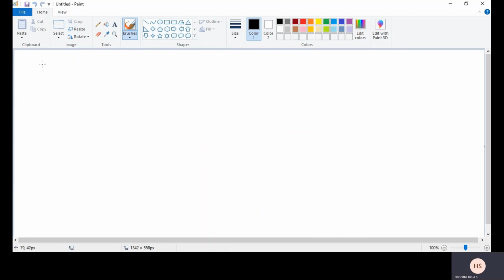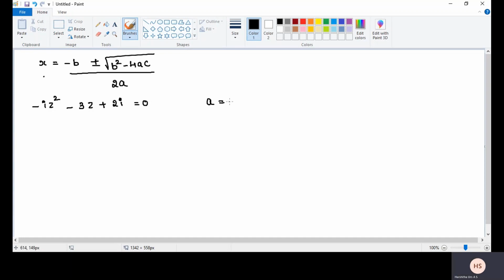Quadratic equation formula in general, x is equal to minus b plus or minus root of b square minus 4ac divided by 2a. Here our equation is minus iz square minus 3z plus 2i is equal to 0. A is equal to minus i, B is equal to minus 3, C is equal to 2i.